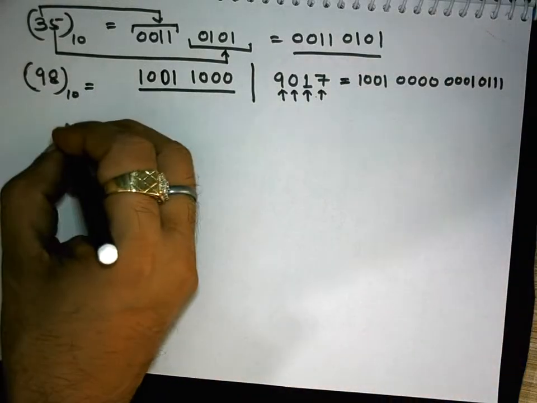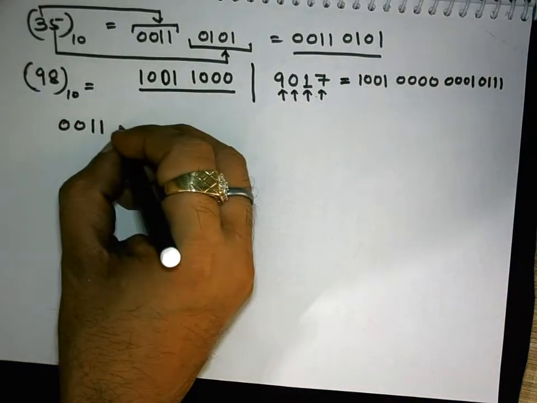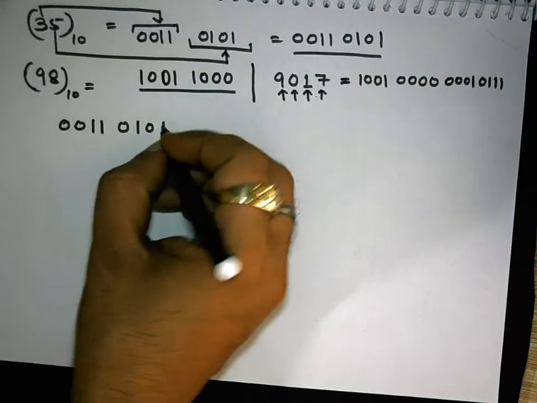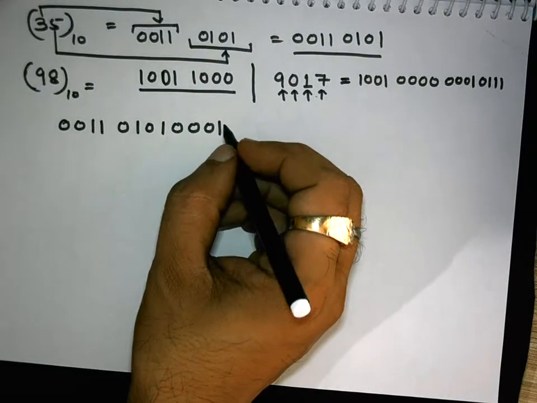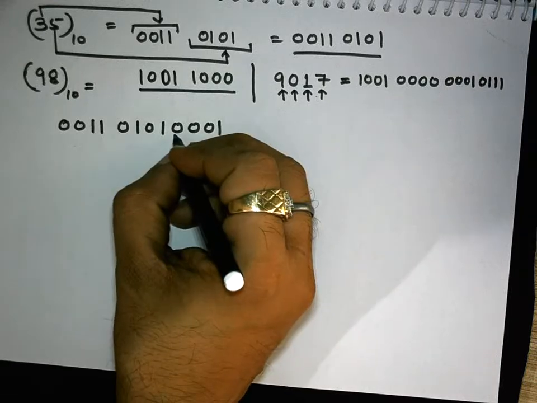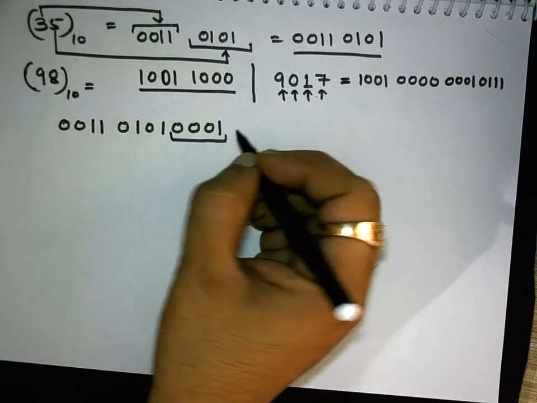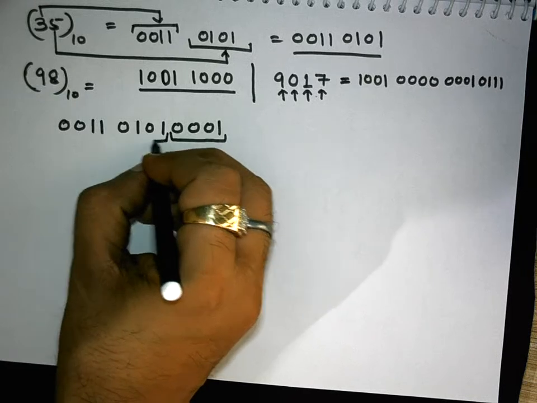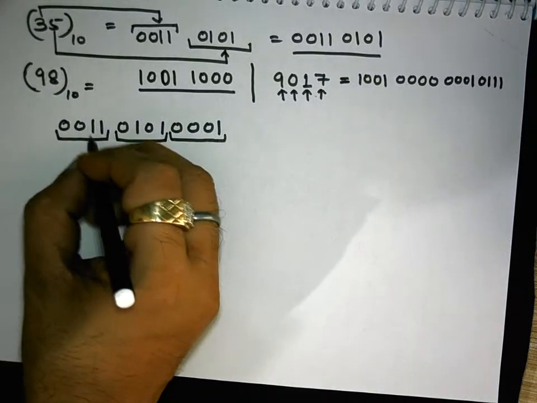Just as an example, suppose this BCD number is given to you and you are supposed to write the decimal equivalent. Starting from the very right-hand side, you make packets of 4 digits and write the equivalent.